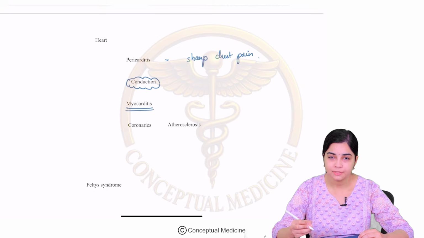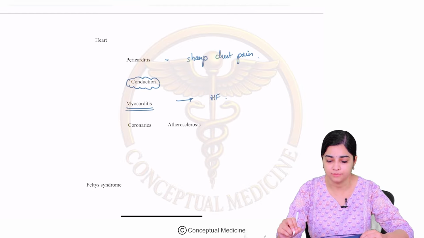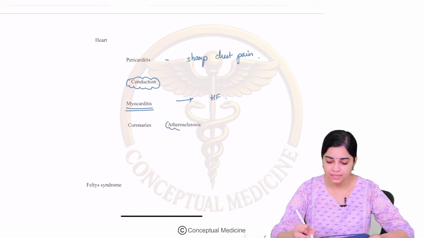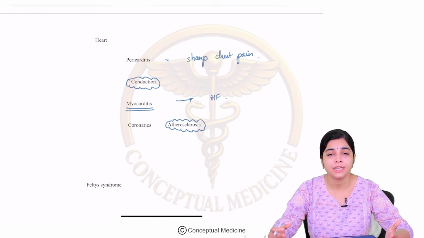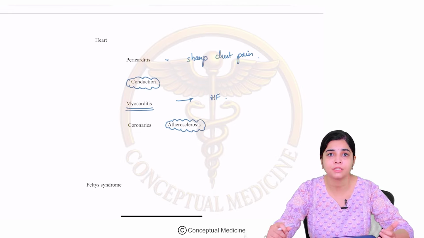Rheumatoid arthritis, if it affects the myocardium, presents with myocarditis. Myocarditis is going to present with symptoms of heart failure: pedal edema, abdominal distension, orthopnea. Then, RA is an immune-mediated process which has a high propensity for atherosclerosis. In fact, rheumatoid arthritis patients can develop atherosclerosis 10 years earlier as compared to their normal counterparts.